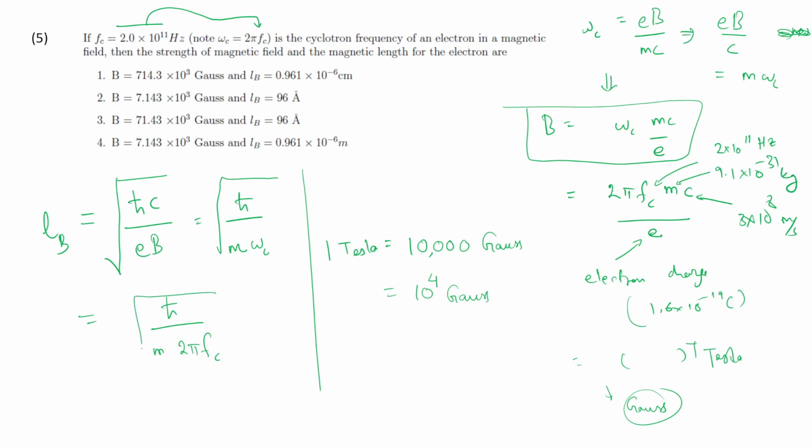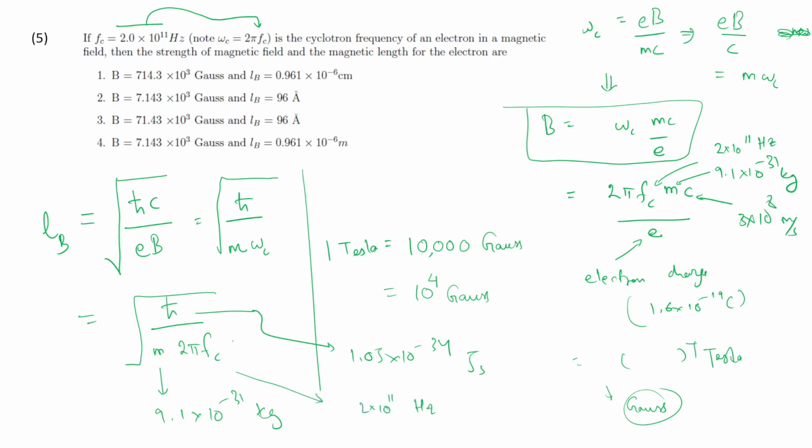So everything is there. You just have to put h bar is equal to 1.05 into 10 to the power minus 34 joule second. m is 9.1 into 10 to the power minus 31 kg. And fc is equal to 2 into 10 to the power 11 hertz.